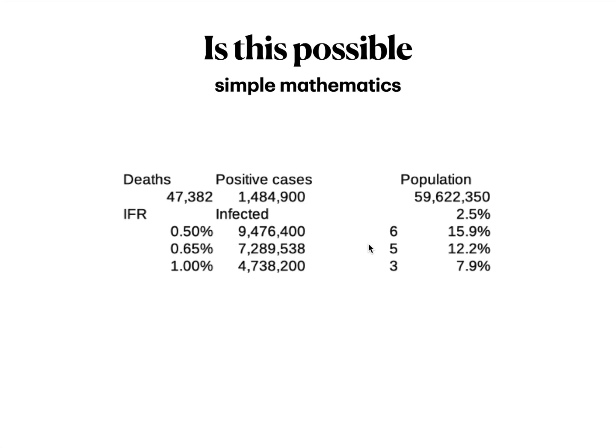So if so many were infected, then given our population, it means that about 15% of the population have already been infected. If I use the actual positive cases, that's only 2.5%.